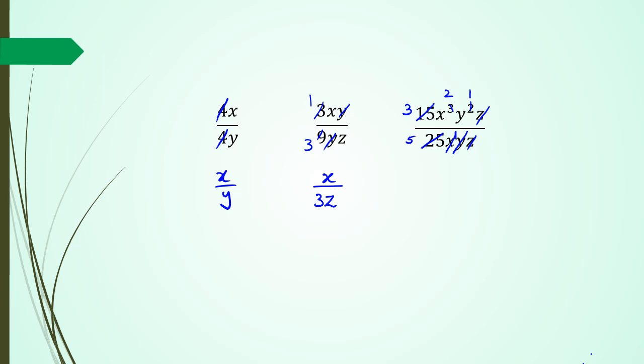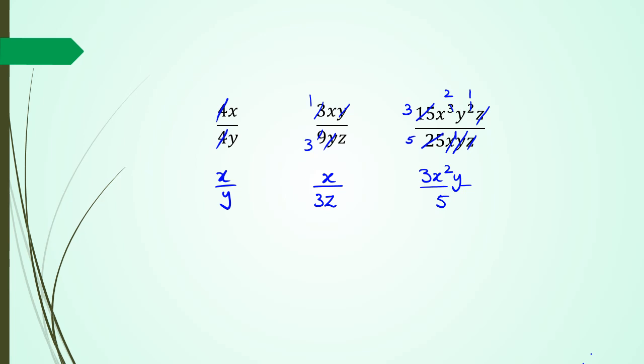So what we end up having is in the numerator 3, x to the power of 2, y to the power of 1, but we're just going to leave it as it is. And that whole thing is divided by what's in the denominator. We just have 5 in the denominator. And so that's what the simplification of that expression would look like.